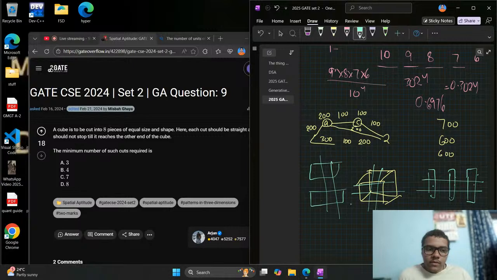Okay. Wait, that is 4 times 2. So a cube, it can be cut like this. 1, 2, 3, 4. You need 2 cuts and 1 more cut.